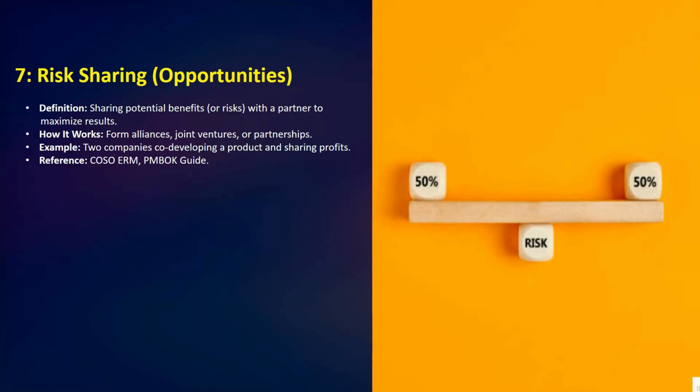By combining resources, capabilities, or you can say expertise, both parties can increase the likelihood of success and achieve a greater result than they could have individually. Here we have the example: two companies co-developing a product and sharing profits. Okay, so I hope this is clear.